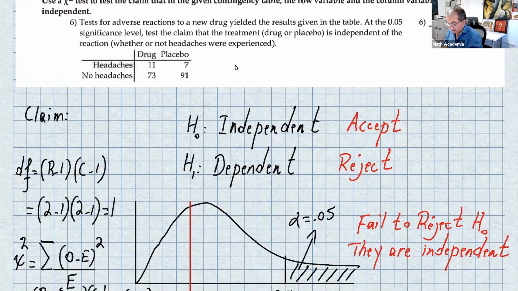Now for this type of test of independence, remember if you watch the lecture I gave about the contingency table, H0 is always independent and H1 is dependent. I just put independent and dependent for you to remember. Independent for H0 all the time and dependent for H1 all the time.